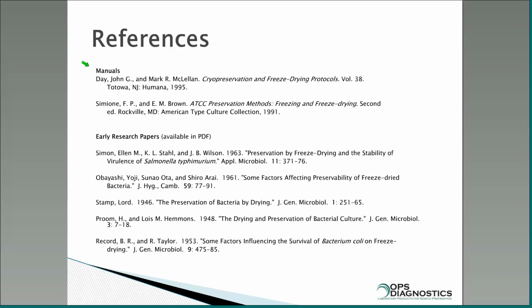But basically what the disaccharide has been found to do is fit into biomolecules, very specifically proteins is where they're best known, and it takes the place of water, so that when the water is pulled out, the lyoprotectant prevents the denaturation of proteins and membranes by, like I said, serving to replace the water. So in the freeze drying process, what you're really doing is first freezing the sample in the presence of a lyoprotectant, and then removing the water, and the lyoprotectant takes the place of the water.